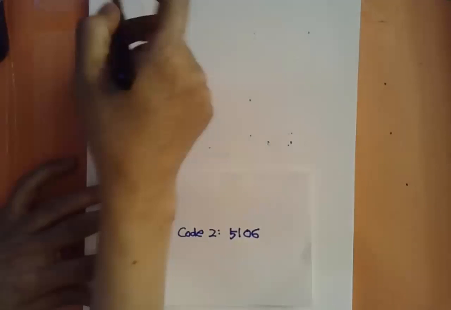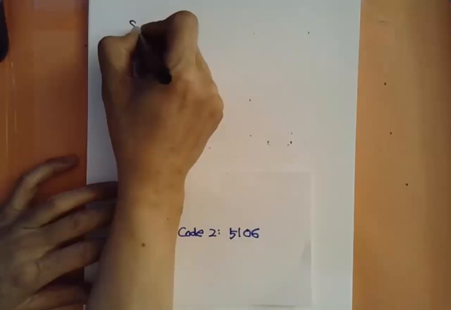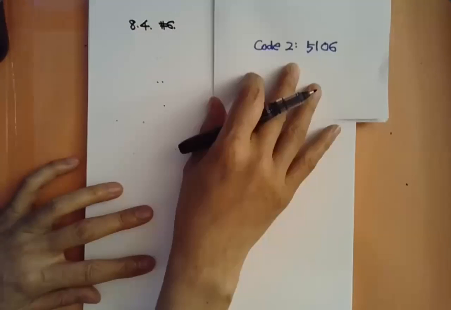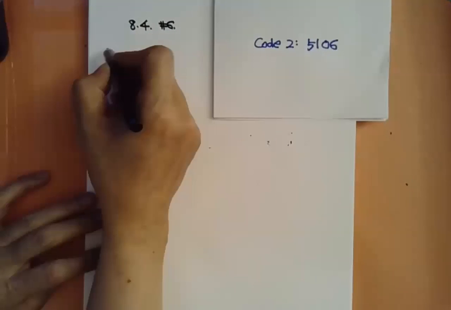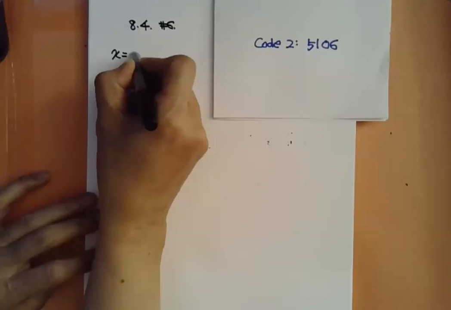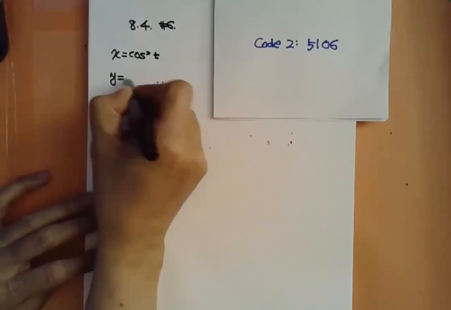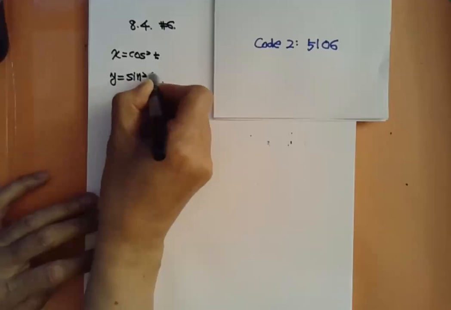Let's do 8.4 number 6. I'm changing the code to code number 2. So x equals cosine squared of t and y equals sine squared of t.